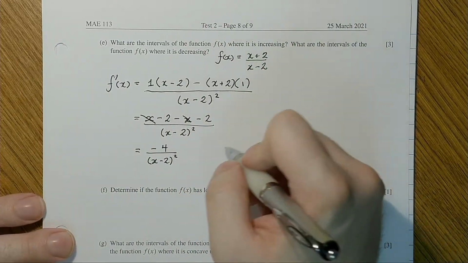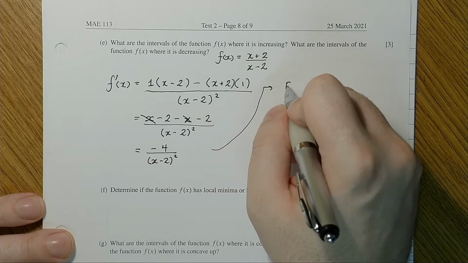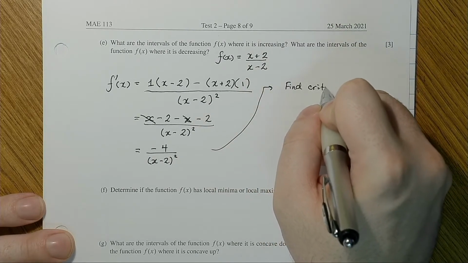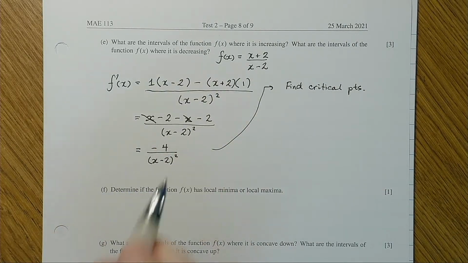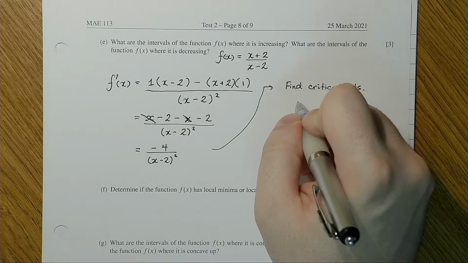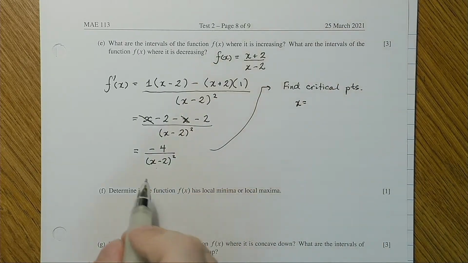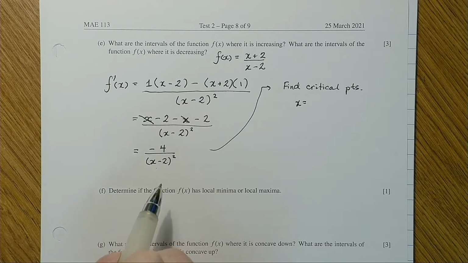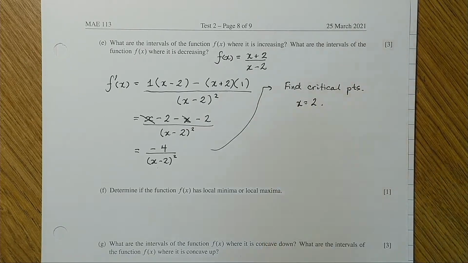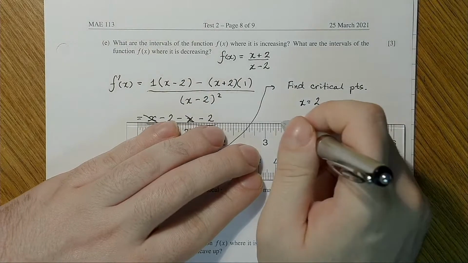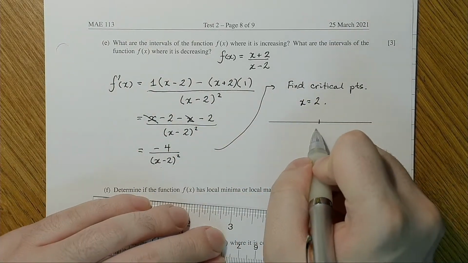To find the critical points, again, critical points are where this function is equal to 0 or where it doesn't exist. And this is not defined when x is equal to 2 because this makes our denominator equal to 0. So here's my 2.